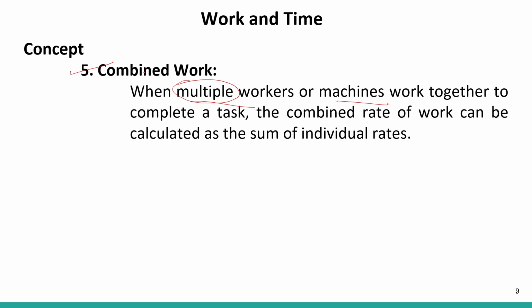So for combined work, you need different people whose efficiency is different, or whose task is different. So multiple workers or machines are really necessary to call it a combined work problem. They work together to complete a task. The combined rate of work can be calculated as the sum of individual rates.